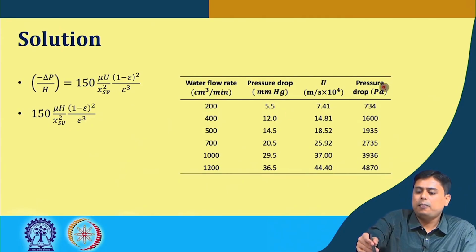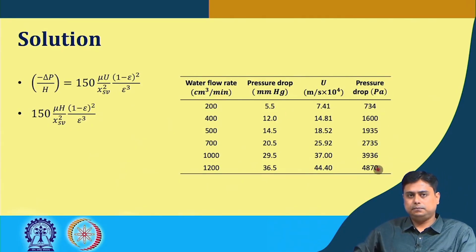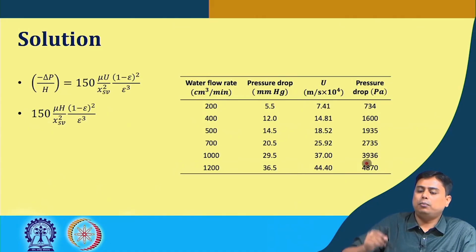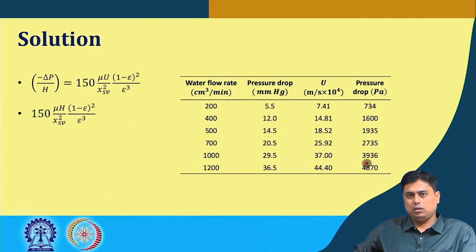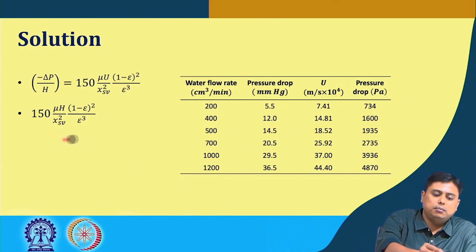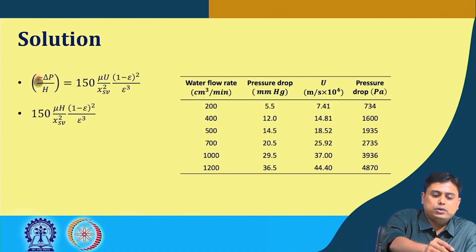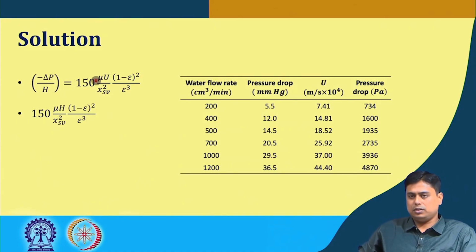From millimeter mercury we convert that to Pascal. Then we plot this u versus pressure drop, and if it gives a straight line, then it is established that this operation is happening in the laminar region, because the first part of this Ergun equation, del p by h, is linearly varying with the superficial velocity.